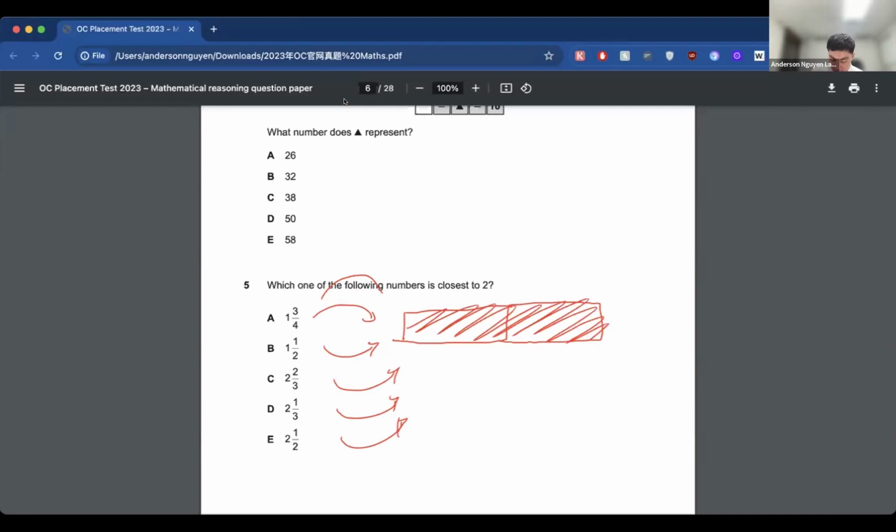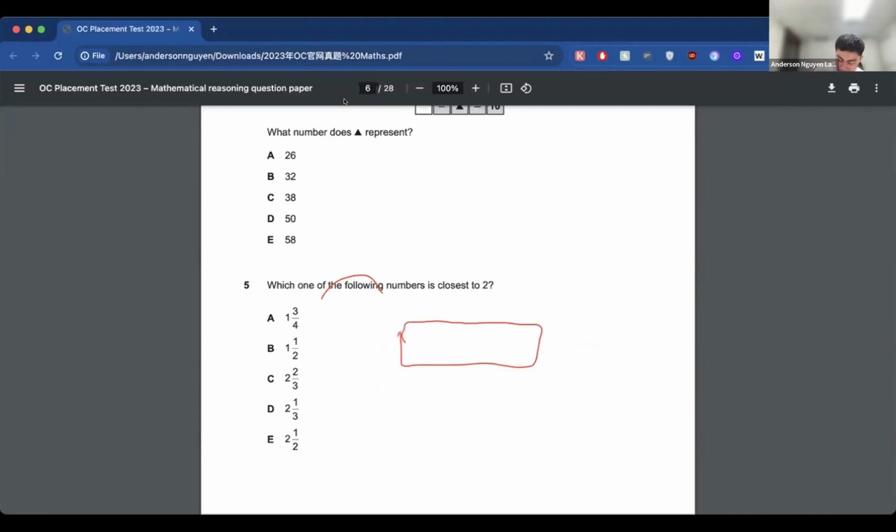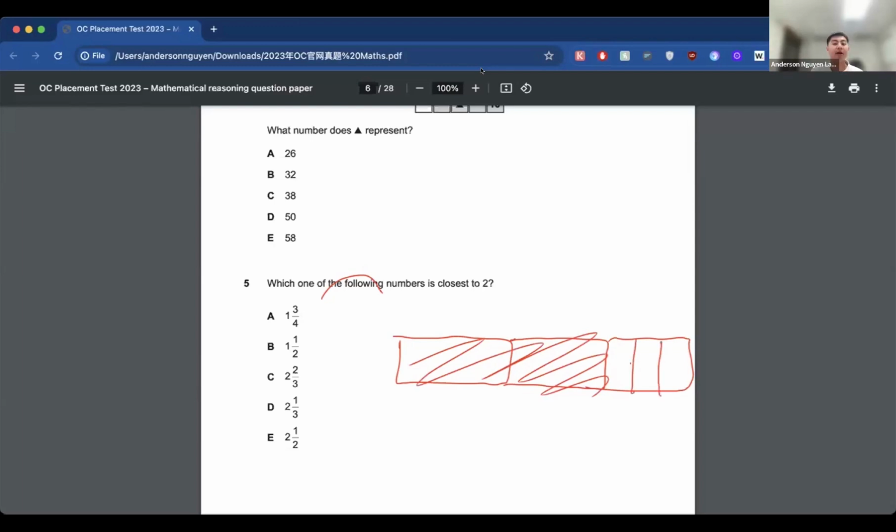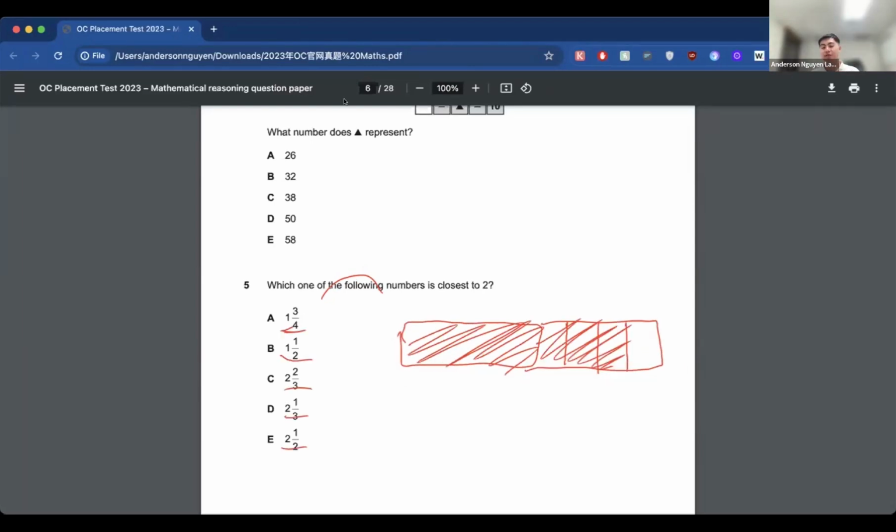So here's an example. If you had done A, 1 3/4, you shade in 1 block, and then you break up the third one into 4 blocks and shade in 3. If you had C, you add 2, and then you do a third. You draw 3 bars, and then you just repeat that for B, D.